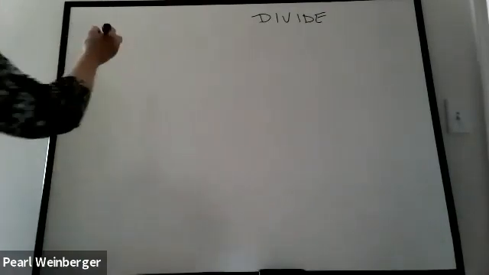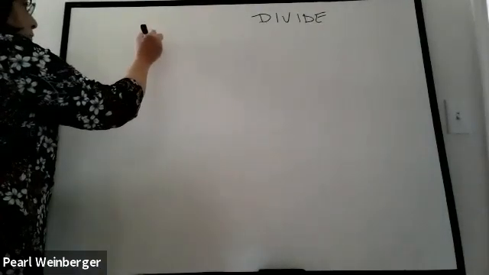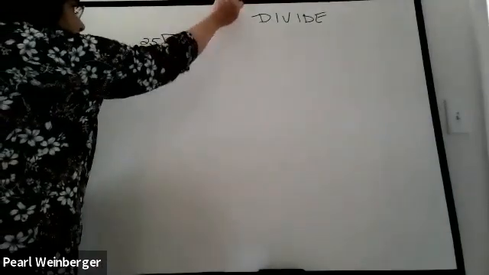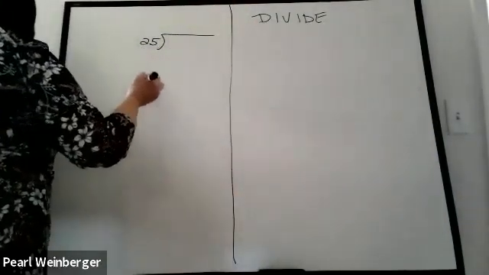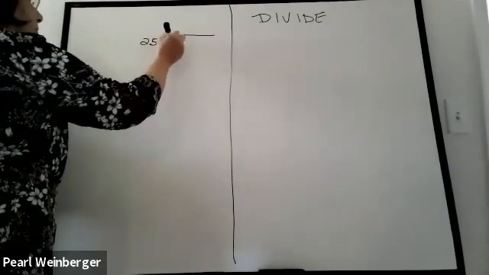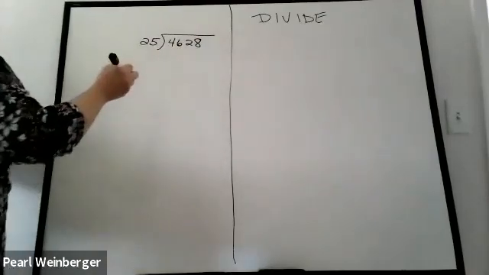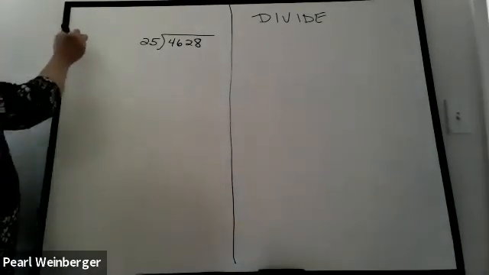So let's say, I'm going to do it right over here. I'm going to divide 25 into 4628. Okay. And I'm going to write down the steps as I do them.